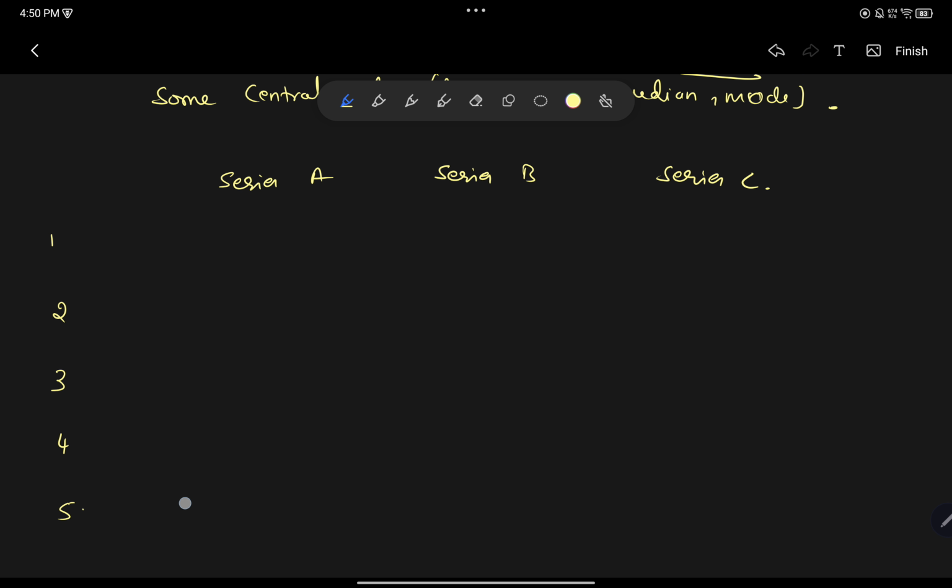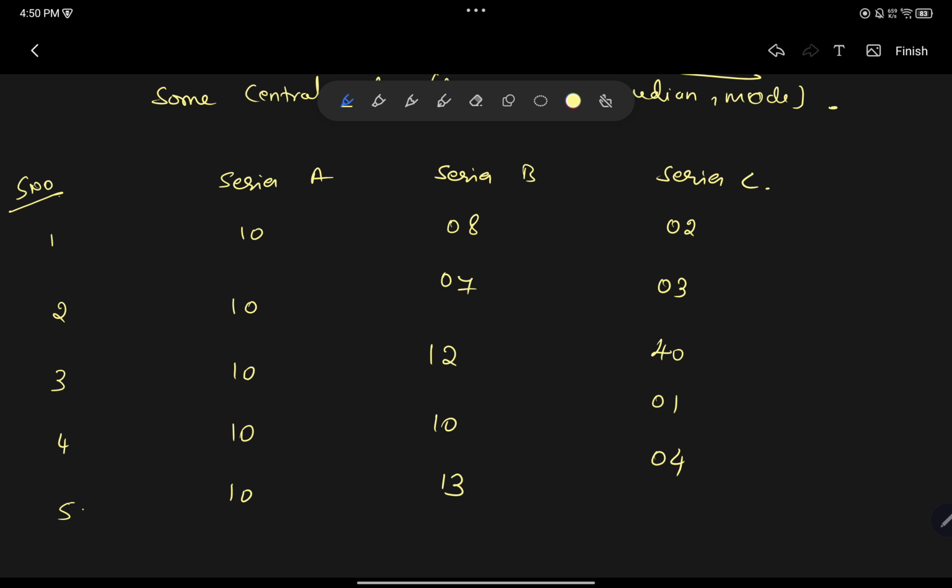This is just the serial number. Let's take series 1: 10, 10, 10, 10, 10. Series 2: 8, 7, 12, 10 and 13. Series 3: 2, 3, 40, 1 and 4.